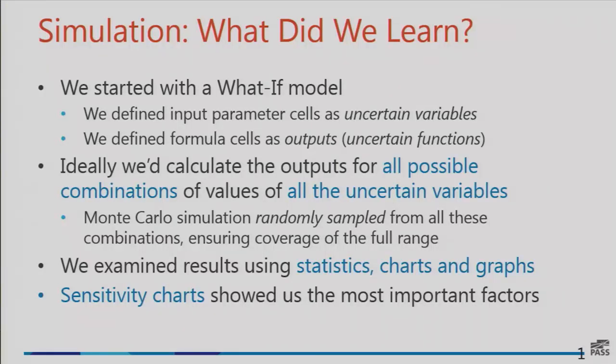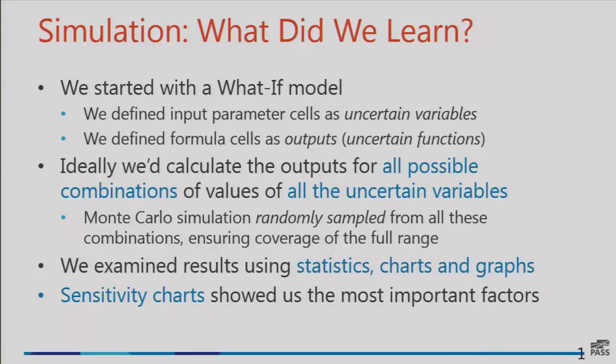Ideally, we would actually calculate literally all possible values, but that's too many, even for a little model like this. And so the trick in Monte Carlo simulation is to draw a representative random sample of all the possible outcomes, enough so that you get coverage of all the possible outcomes, including the extremes, and then show you those results.